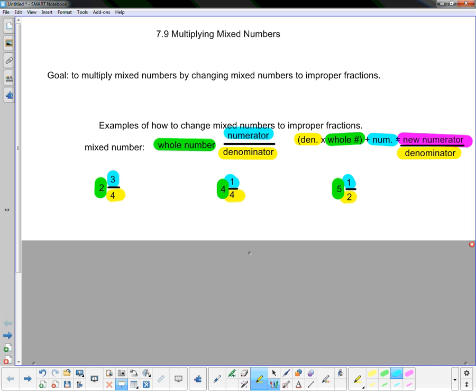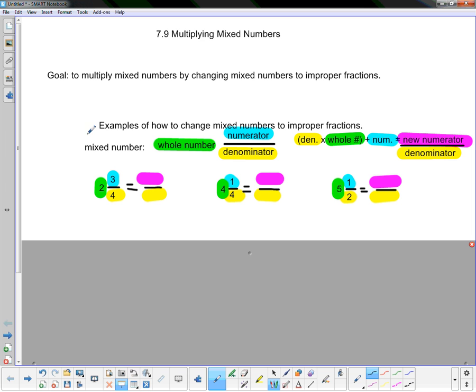And we want this equal to a fraction that is improper, where the numerator is bigger than the denominator. And remember, the new numerator is going to go on top, the one that we don't know yet. That's what we're trying to figure out. But the denominator is going to be the same, as in yellow.